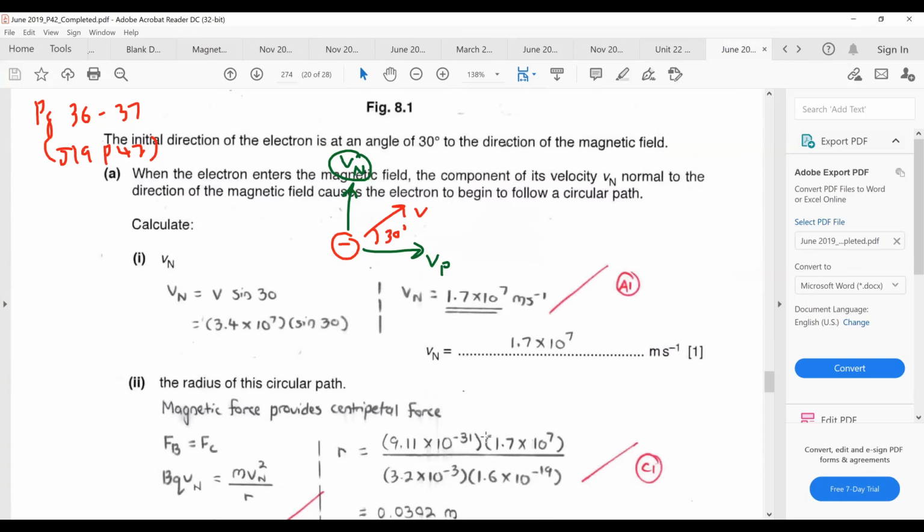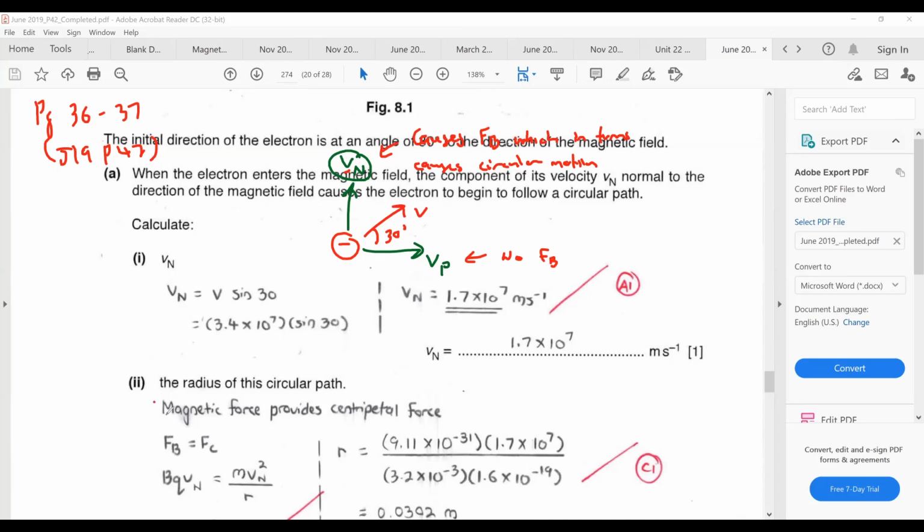Then after that, find the radius of the circular path. As I mentioned, the component of velocity perpendicular to the field is what causes your Fb and subsequently your circular motion.